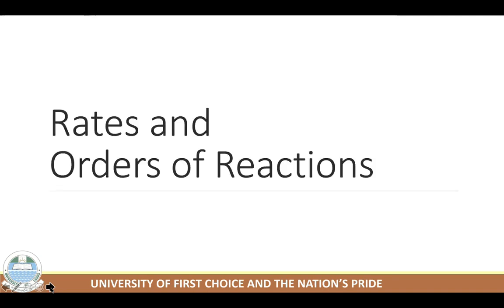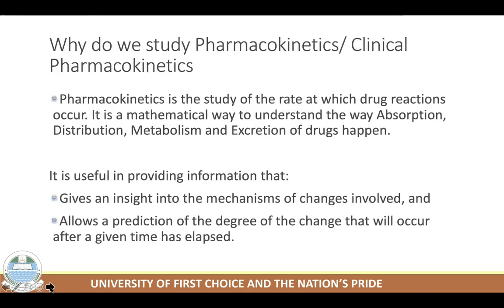By way of introduction, let's look at rates and orders of reaction, since it forms the basis for most of what we'll be discussing. Now, why do we study pharmacokinetics or clinical pharmacokinetics? Basically because pharmacokinetics is the study of the rate at which drug reactions occur. It's a mathematical way to help us simplify what happens during absorption, after administering a drug, either intravascular or extravascular.